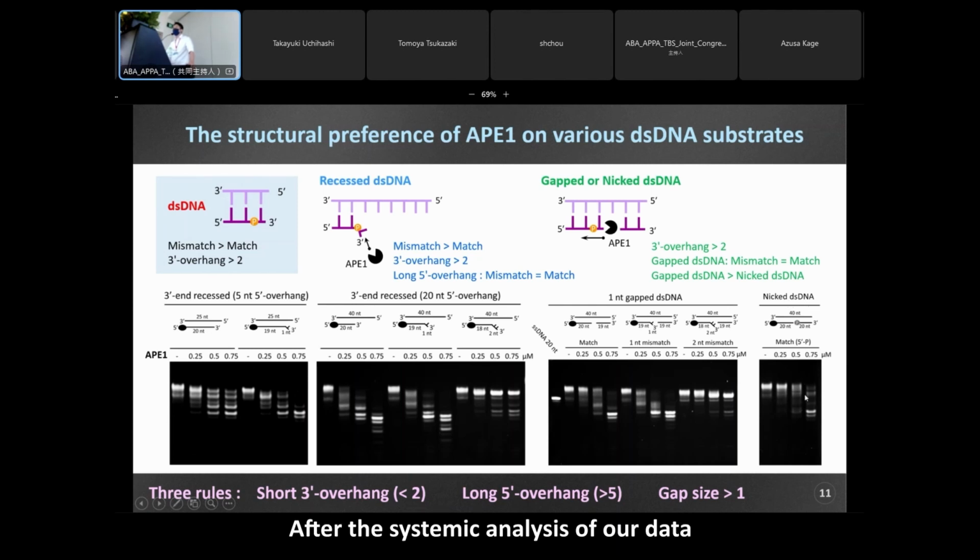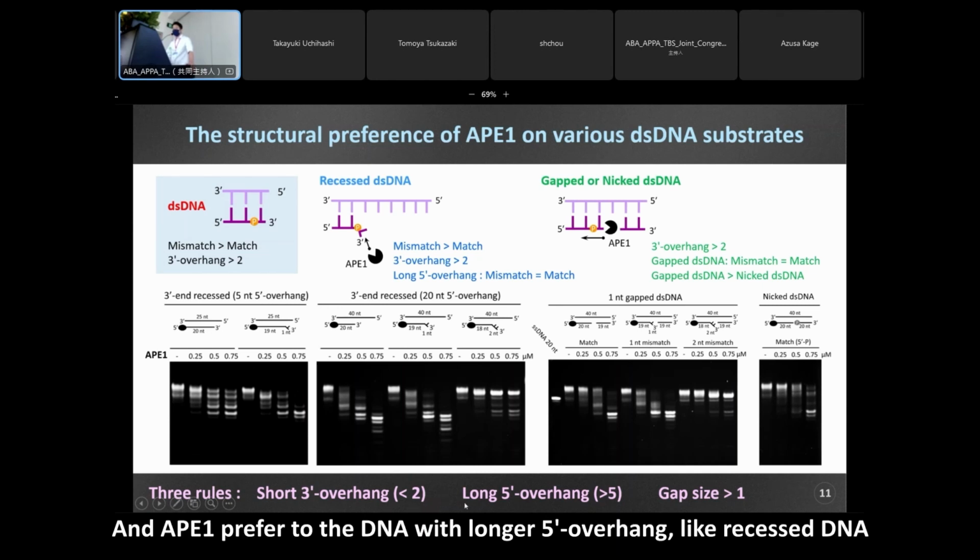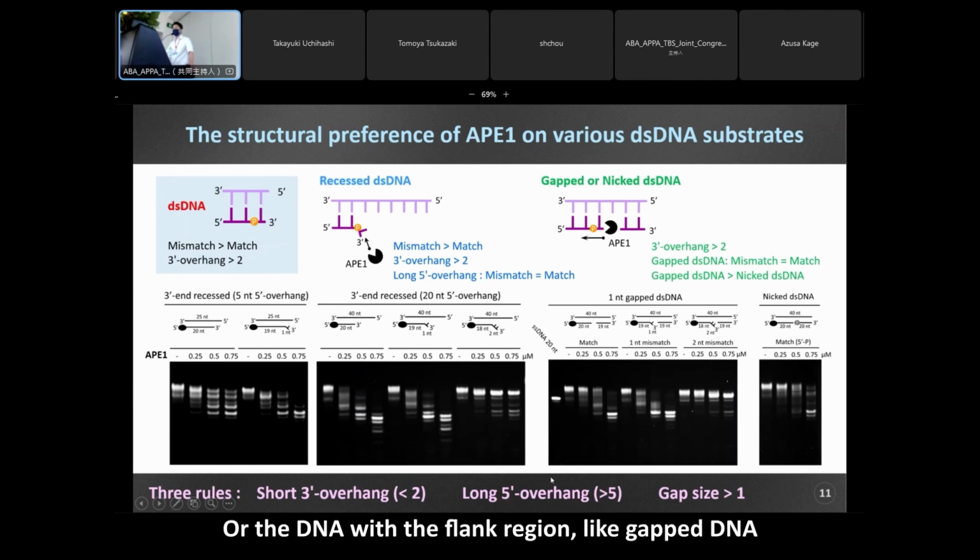So after the systematic analysis of our data, we can conclude three rules of APE1's structural preference. The first one is APE1 prefers a short 3' overhang. The nucleotides should be fewer than 2. And APE1 prefers DNA with a longer 5' overhang, like recessed DNA, or DNA with a flank region, like gapped DNA.